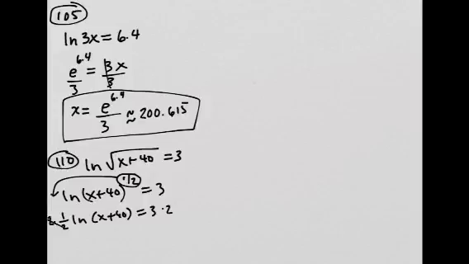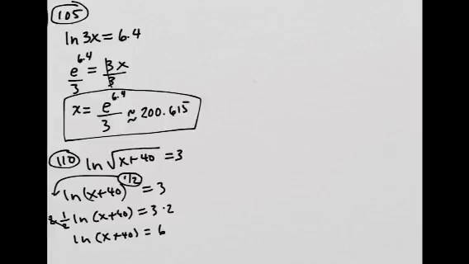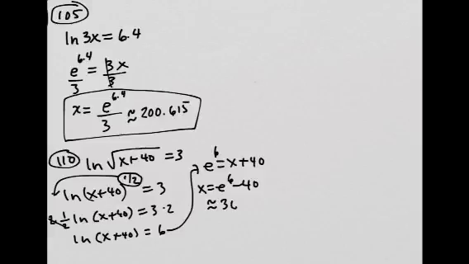So now I have natural log of x plus 40 equals 6, right? 3 times 2 is 6. Change it to exponential. So from here, it's going to be e to the 6th power equals x plus 40. So x is e to the 6th power minus 40. So that would be the exact value. The approximate value is 363.43.